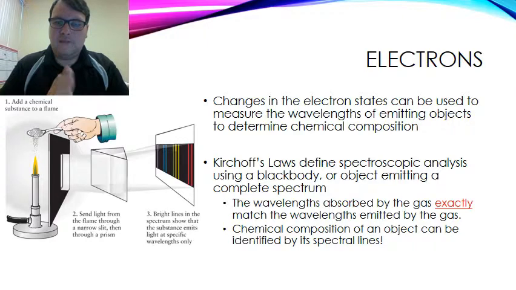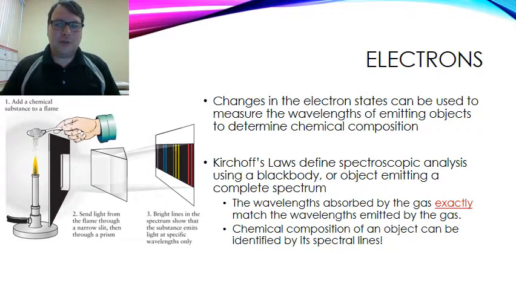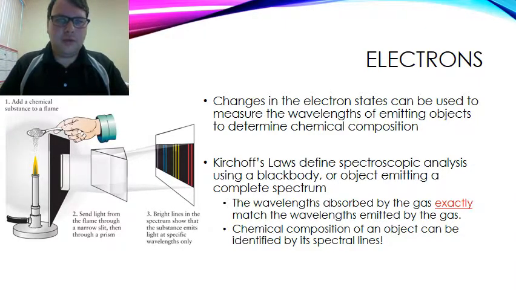What we're seeing are very specific wavelengths that are in this case being emitted. And so from that emission, we're going to use Kirchhoff's laws, which define spectroscopy, an entire science of analyzing light for chemical composition, to determine what this chemical is.